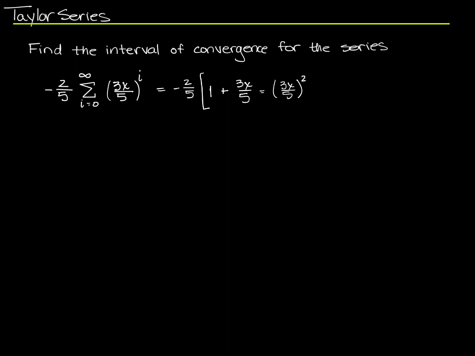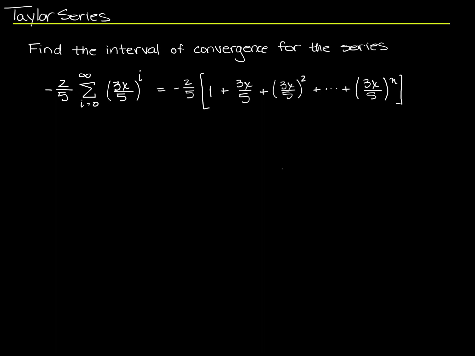And you can see now why it's nice to have written this as concisely as we did, because it's going to take a lot less energy and effort to write out each term. Let's add an nth term here. So we're going to add this all the way up to 3x over 5 to the power of n.